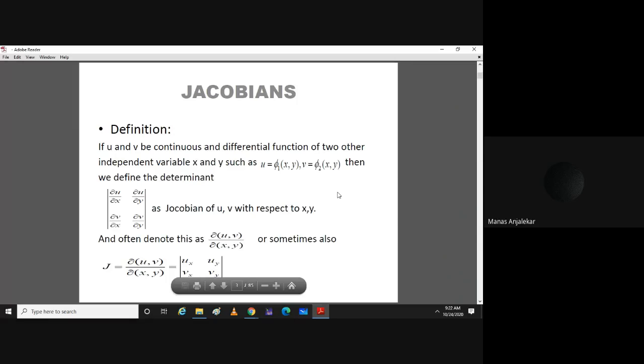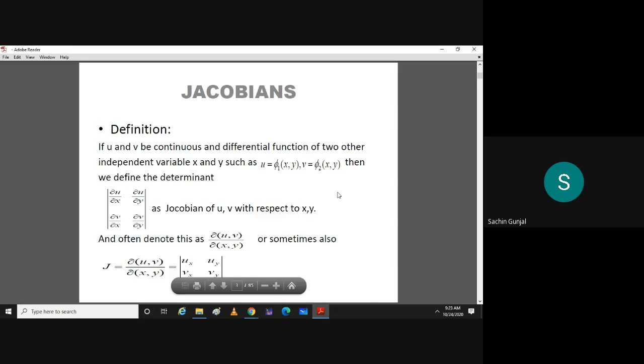Yes, sir. Okay, let us take a small example. Write down. u is equal to x square minus y square and v is equal to 2xy.